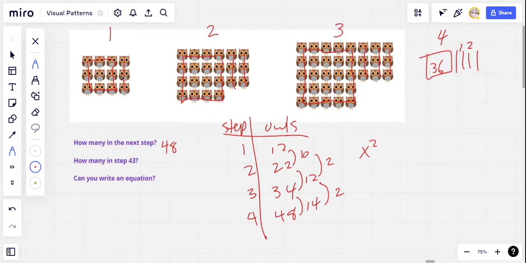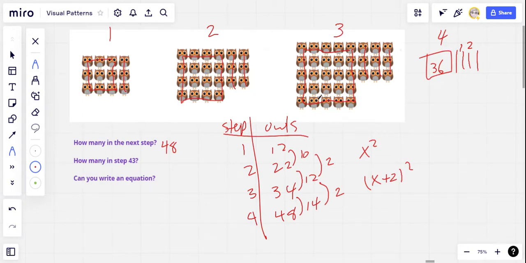And I think this pattern that I've drawn here to help explain each step maybe will be useful. So this is a squared, but it's not the step number, it's the step number plus 2, I think. So maybe that part of it would be x plus 2 squared. So this part would be 2 plus 2, that'd be 4 squared. That'd be a 4 by 4 squared. This one, 3 plus 2, that'd be 5 squared.